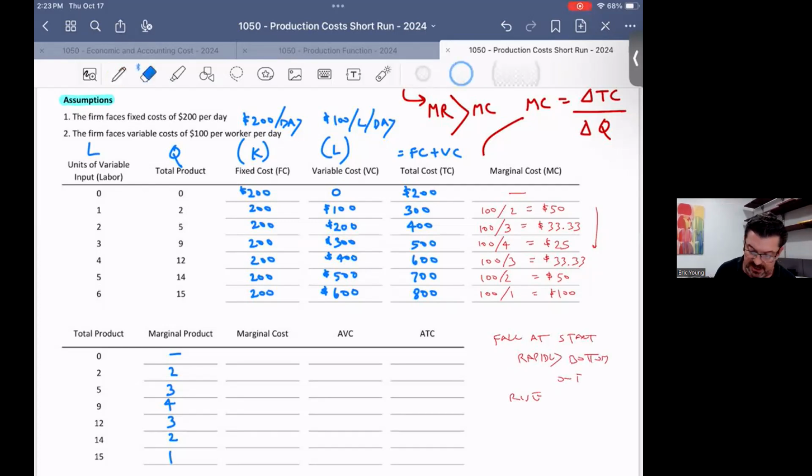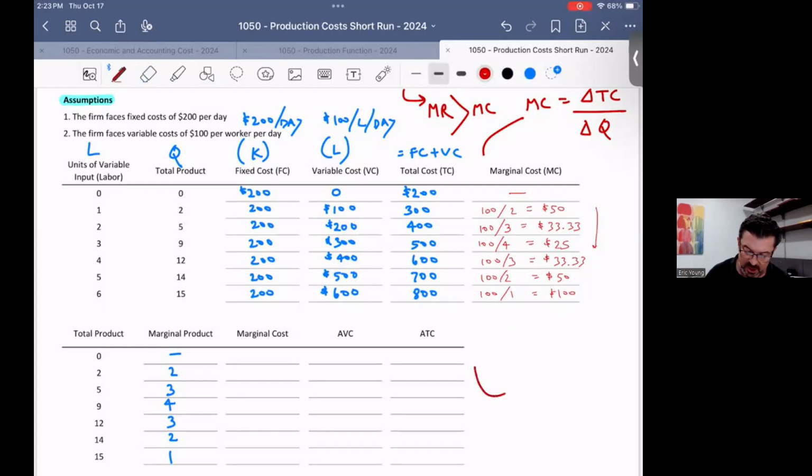So what I always like to say, if you were drawing the marginal cost curve, it's going to look like a Nike swoosh. When you think the marginal cost curve, think the Nike swoosh, and we'll label that MC. Falls at the beginning, rapidly bottoms out, and then goes up forever. Marginal cost curve, that's the Nike swoosh.